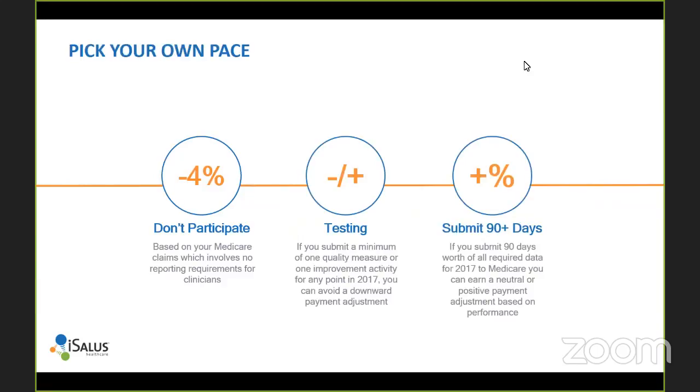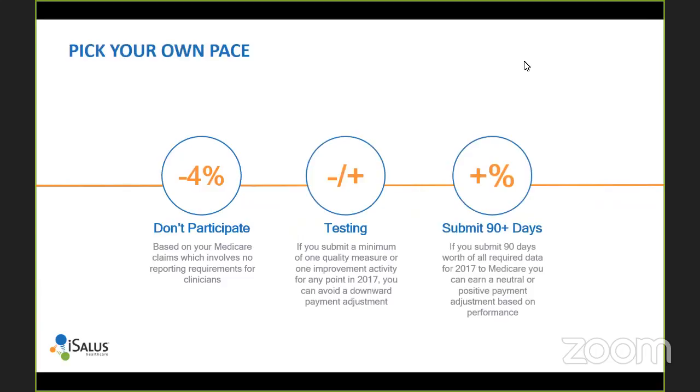Our goal for you is that you will avoid that and you will at least do testing. So if you want to do the middle option, that's just submitting the minimum amount, and we'll walk through what that means. But to do that, you can submit one quality measure, you can do one improvement activity, or you can do the advancing care information and meet the base requirements.